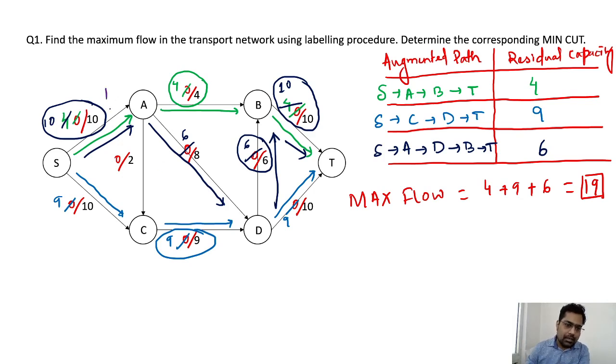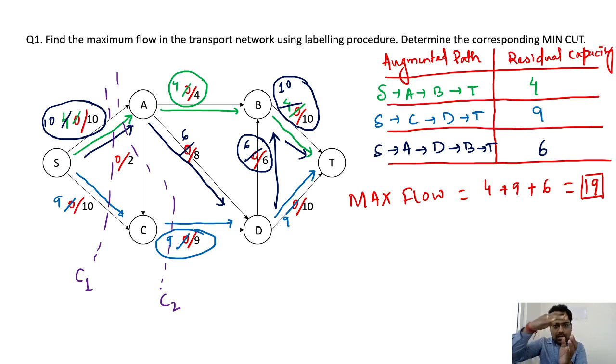You can say this is considered as a cut, no doubt, so I'm representing that one as C1. Clear? Another cut could be possible here, which is C2, where we are equally dividing. Whenever we are considering C1, we should ignore everything else.